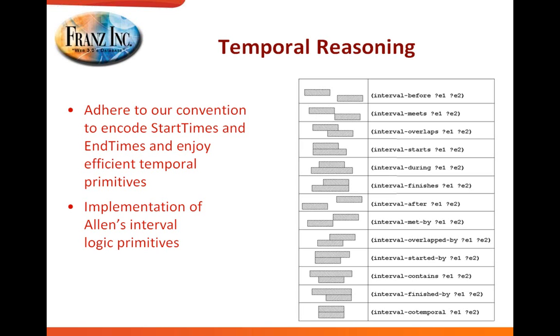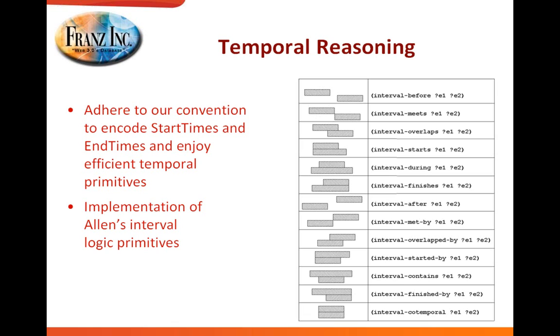Two intervals can be related to each other, and we wrote a usability layer on top of a triple store, so it's very easy to say that one interval was before another interval, whether two intervals meet, etc. So it makes it very easy in the same query language to say things about the time an event happened, where it happened, and who was there when it happened.